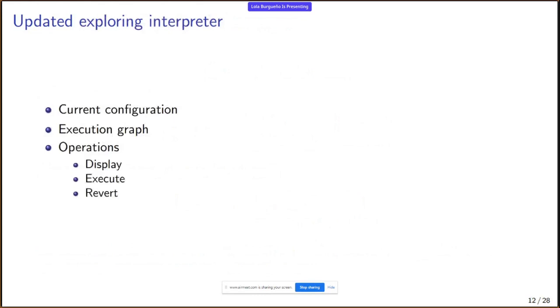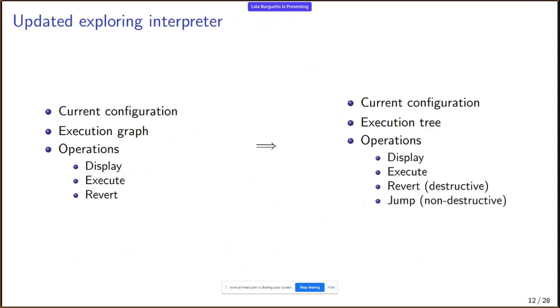So in the original paper, they use a current configuration, an execution graph, and these different operations, where they made a decision to revert, to basically decide what kind of revert you use when you start up the system. And we instead take an approach of keeping an execution tree instead of a graph, because it's easier to reason about when you have a tree. Because with a graph, you might create paths that are not actually in your exploration session.